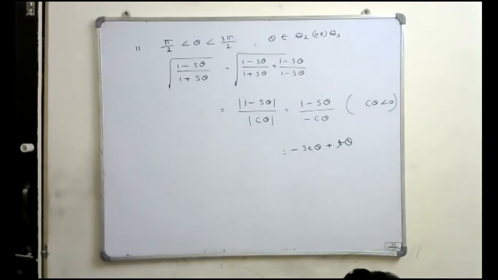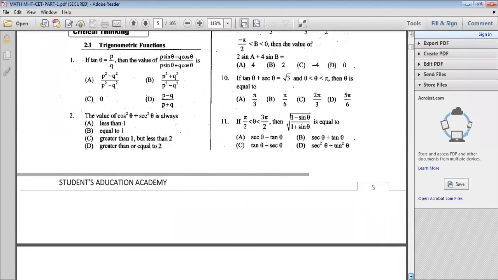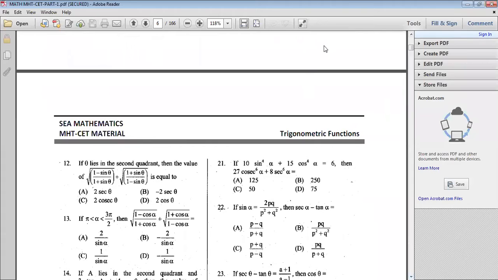Next, look at the next problem. Look at problem number 12.